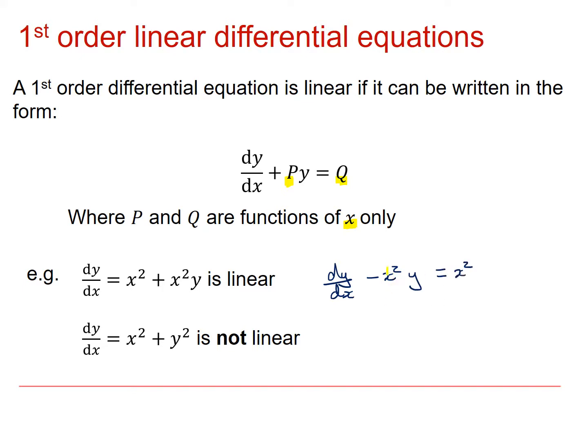And so this has minus x squared as my p function and x squared as my q function. So this is linear because I can rewrite it in this form.